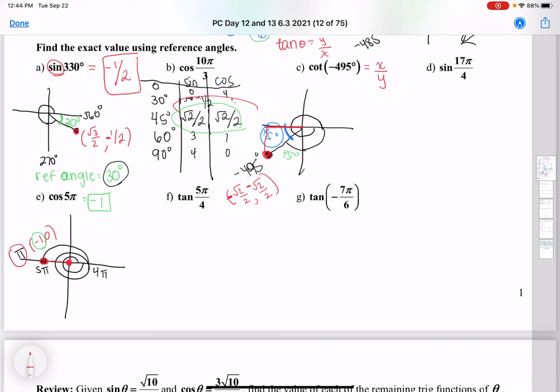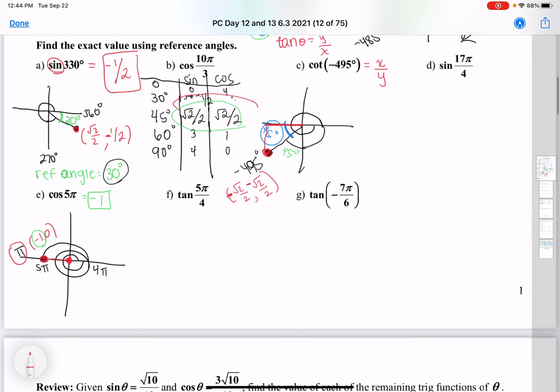Well, guys, if the x and the y are both the same thing, so we know that the x is negative root 2 over 2 and the y is negative root 2 over 2, don't even worry about going through all the process of simplifying this fraction within a fraction. Anytime we divide by something that is the same on top, it's just equal to 1, right? And a negative divided by a negative makes this a positive 1. And so our answer for part C is positive 1.